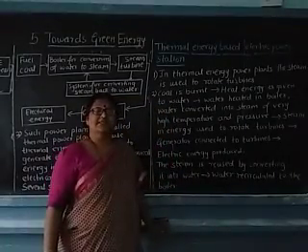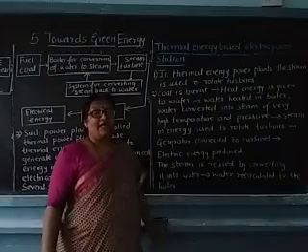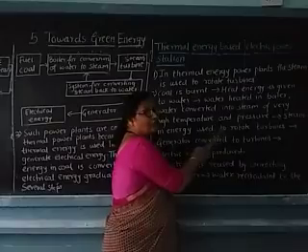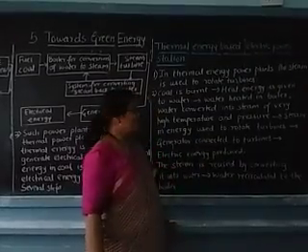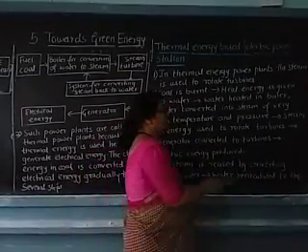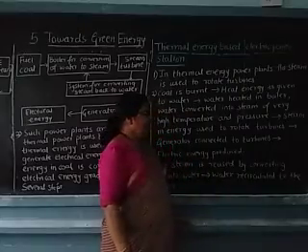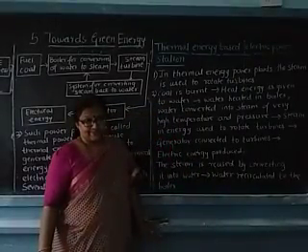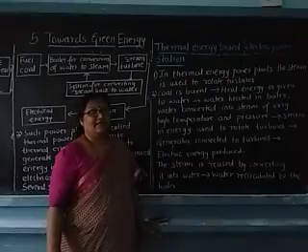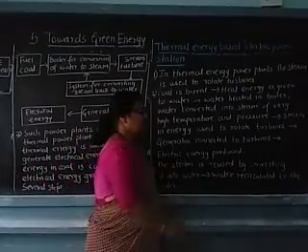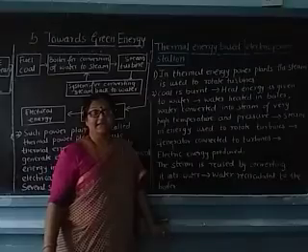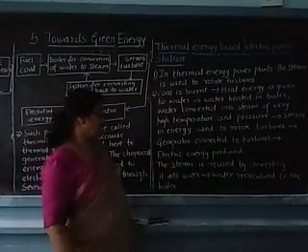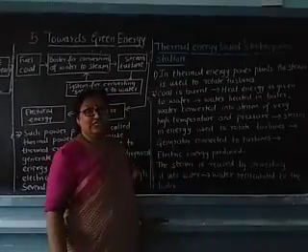That means the water is converted into steam, and whenever this steam is formed, it is allowed to flow onto the turbines, and whenever it flows onto the turbine, it rotates the turbines. Now these turbines are connected to the generator. That means we can also say the generators are connected to the turbines, and the electric energy is produced.